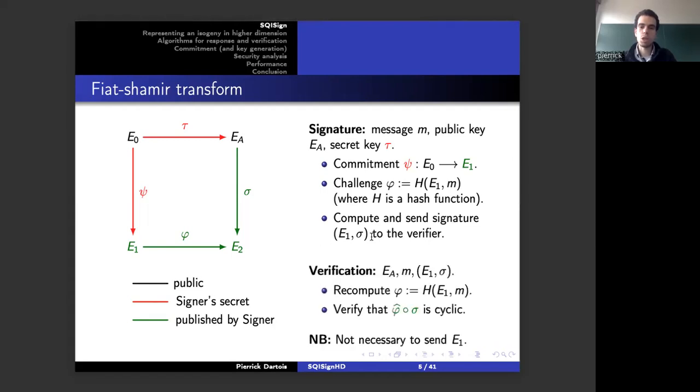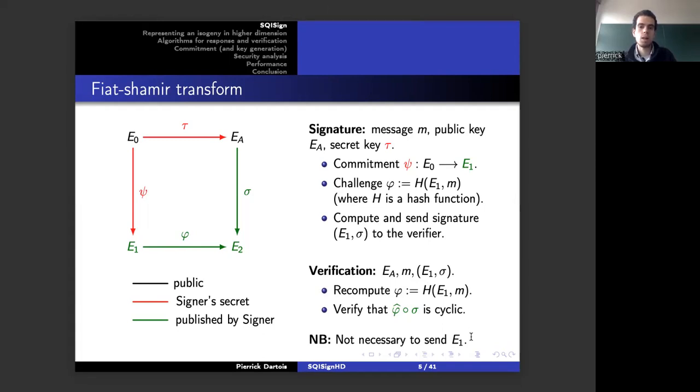The verification is then simply to recompute the hash function, so the hash giving the challenge, and to verify, as previously, that sigma has the right form. So actually, this is an important side remark for efficiency and compactness purposes.